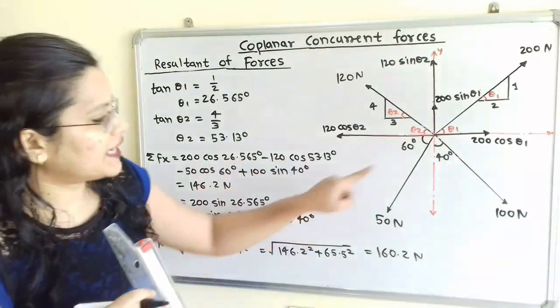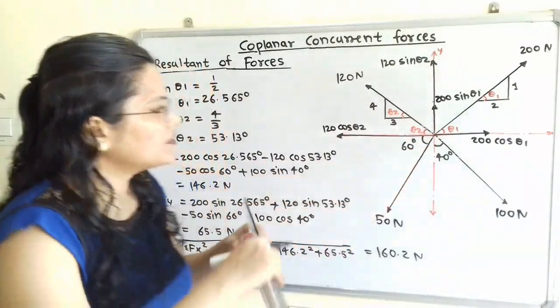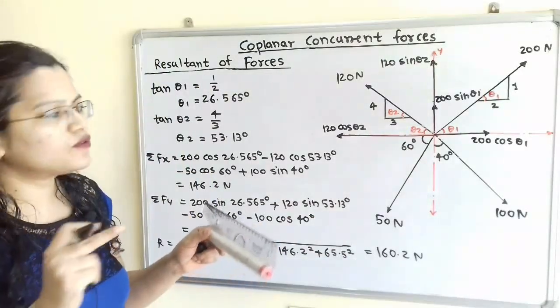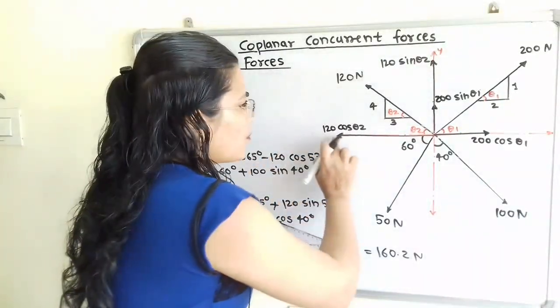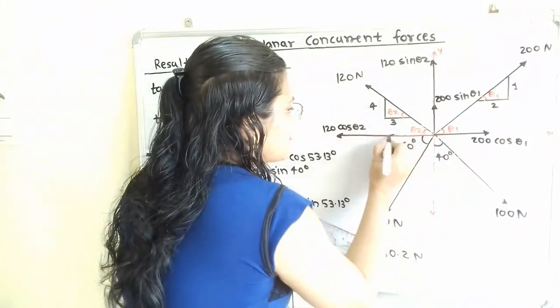Now we will move next. This 50 Newton force, again we will resolve into two components. One component along the x-axis, which we will show here.